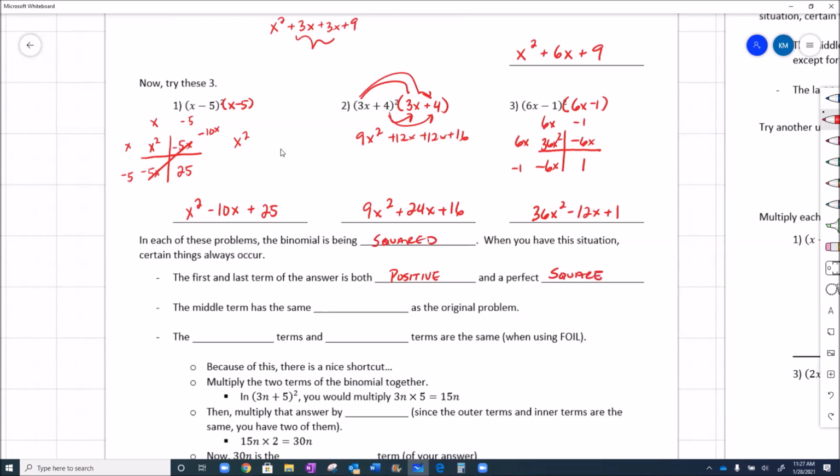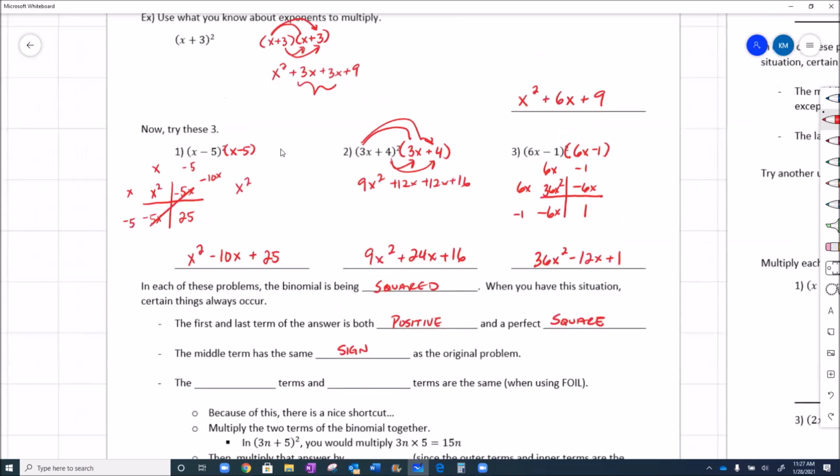The middle term has the same sign as the original problem, and by that I mean, in our original problem here we had x minus 5. The sign for our middle term was negative. Here we had x plus 3. The sign before our middle term was positive. Plus, plus, minus, minus.